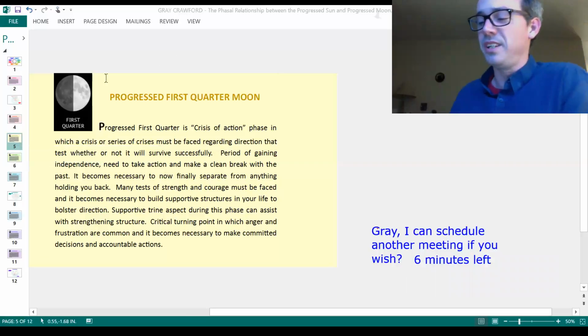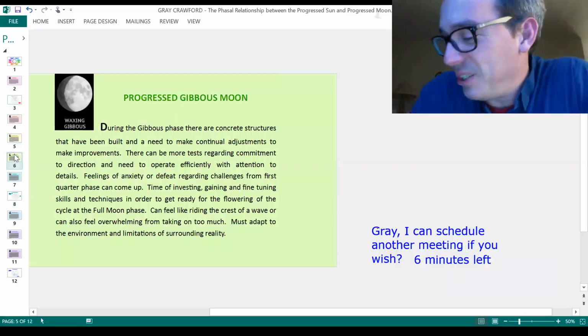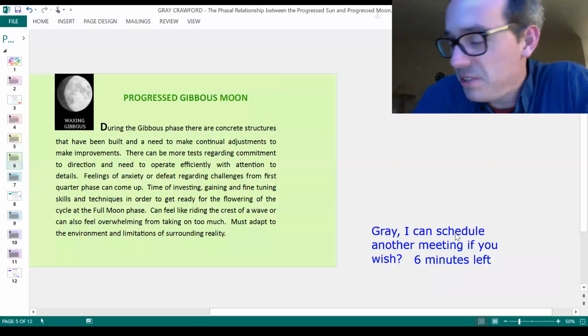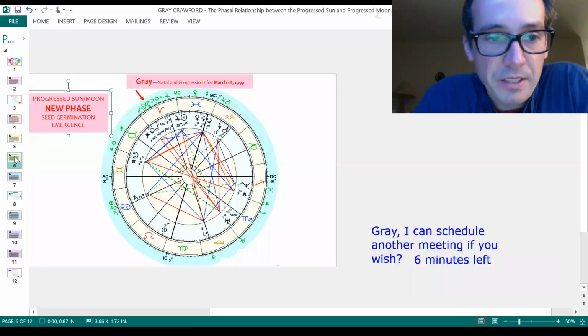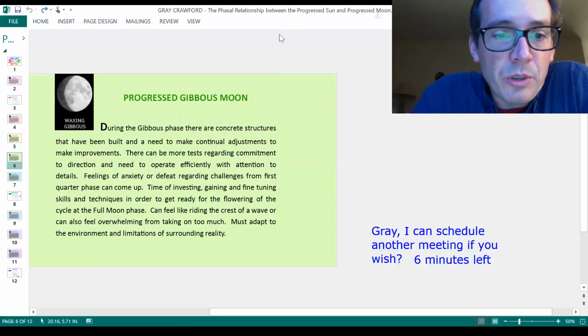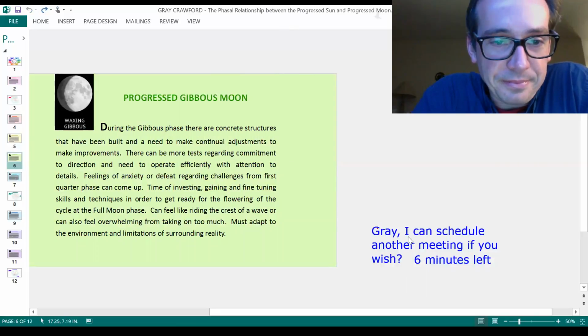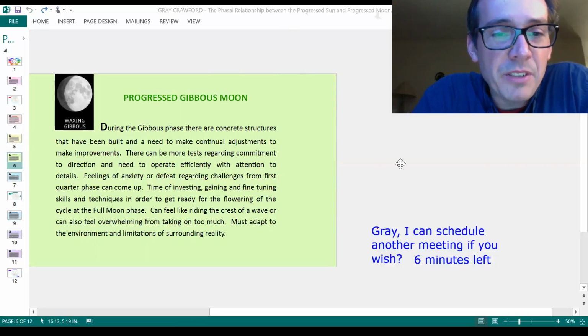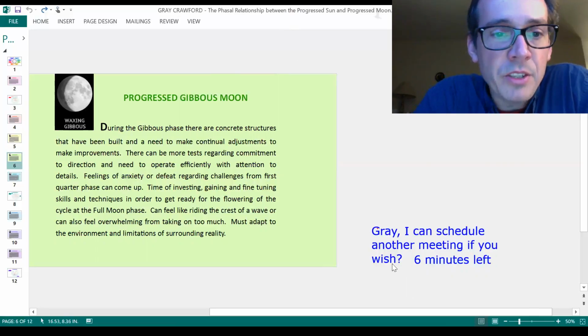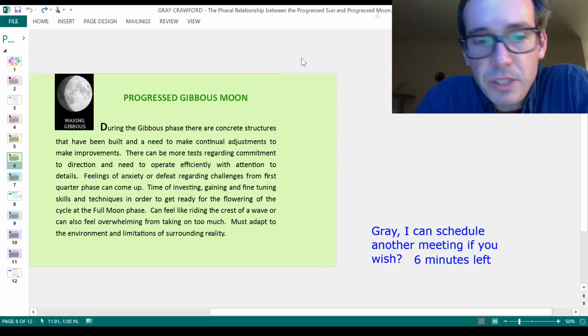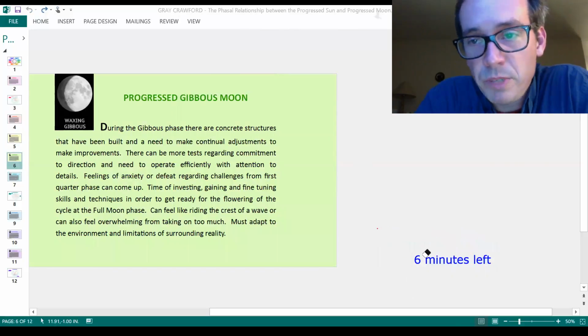So in the gibbous phase, this is the kind of budding phase. There are going to be all these concrete structures that you've already built, and you need to make adjustments to them. You need to be making improvements to them.